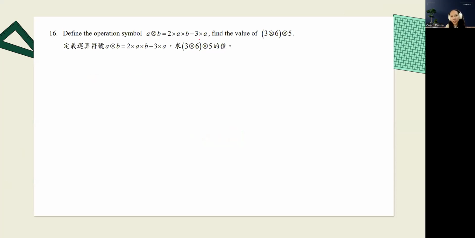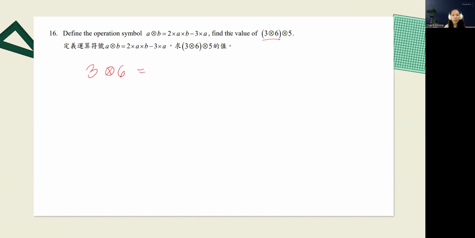Define the operation symbol: A symbol B is equal to 2 times A times B minus 3 times A. So we have to find the value of this expression right here. If it's inside a parenthesis, make sure to prioritize that one. So let's do the 3 symbol 6 first.